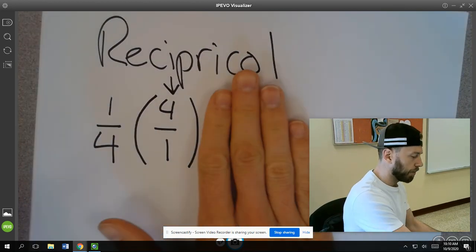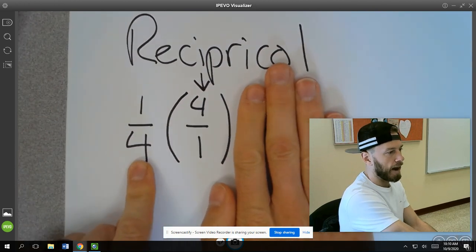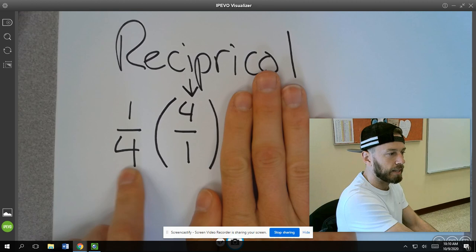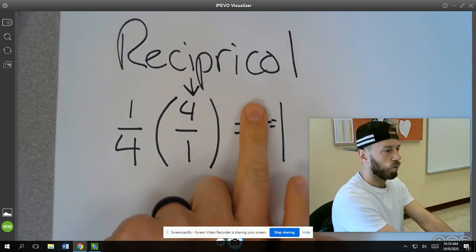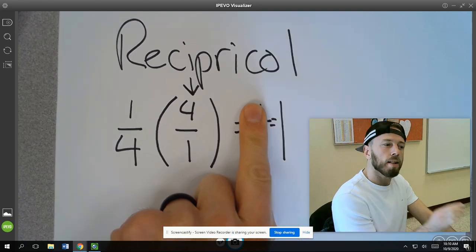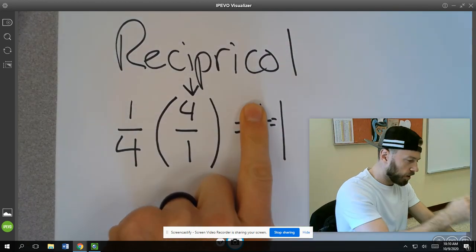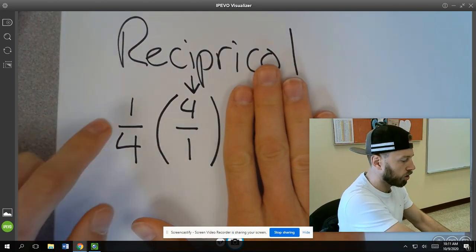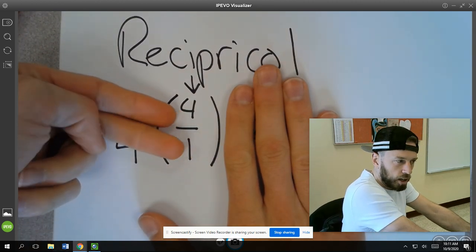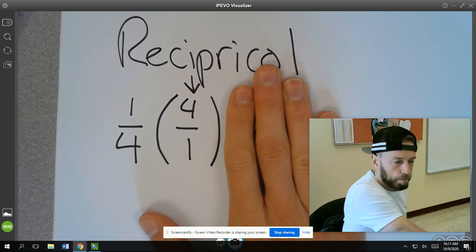So if you have 1/4, and I ask you what the reciprocal of 1/4 is, you would say it's 4 over 1, because that's what would give us an answer of 1 whole. But a little simpler way to look at this: what is the reciprocal of 1/4? Well, it's just the flipped version of that, which would be 4 over 1.